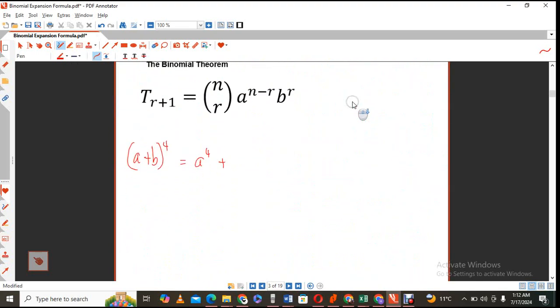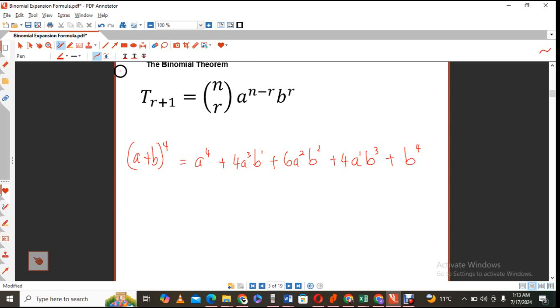So our coefficient was 4, and then a decreases, b gains, then 6, a loses more, b gains 2 more, and then plus 4 because it's symmetrical, 4, a 1, and then b cubed, and the last one was b to the power of 4.